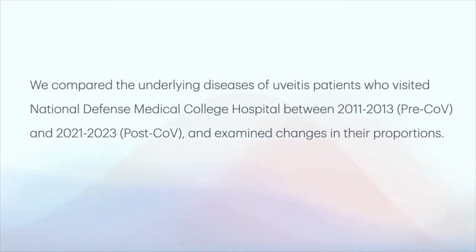Given that, we compared underlying diseases of uveitis patients who visited National Defense Medical College Hospital between 2011 and 2013, pre-pandemic, and 2021 to 2023, post-pandemic, and examined changes in their proportions.